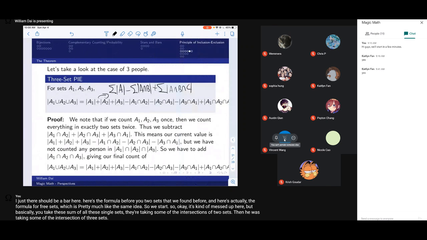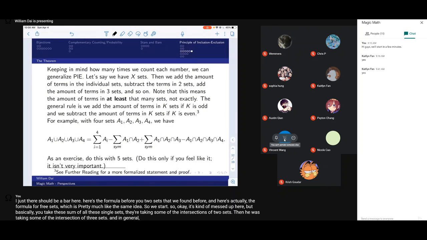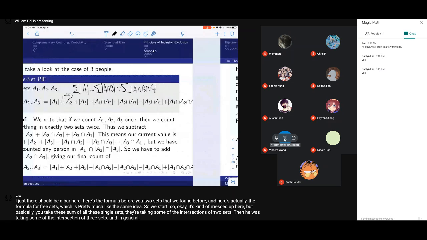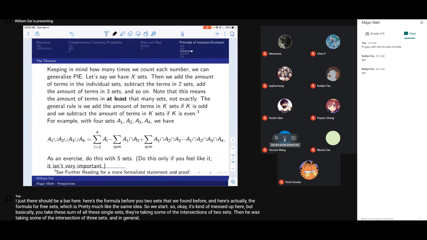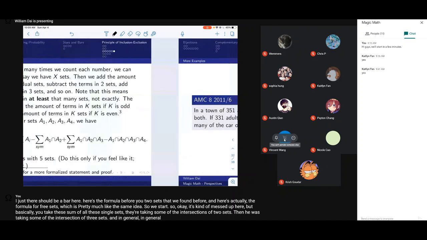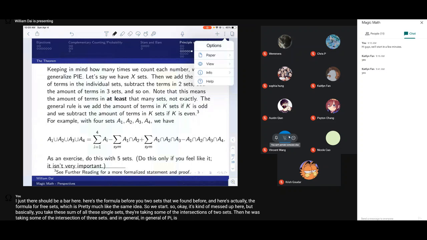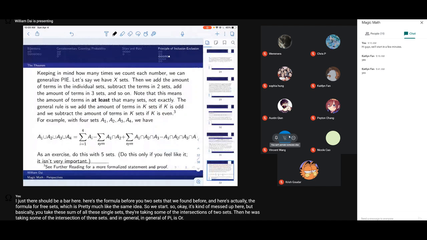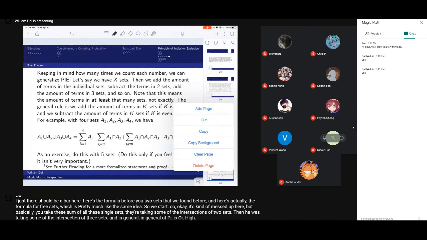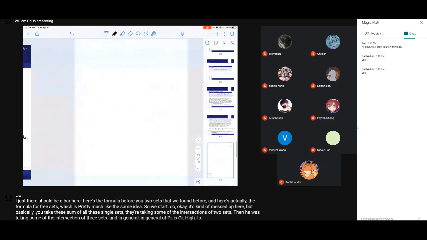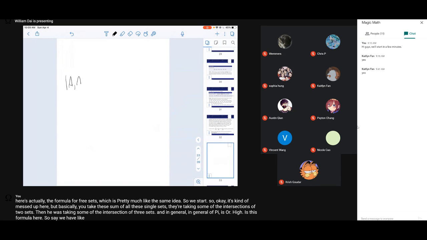And in general, PIE is this formula here. Say we have n sets, and we want to find the union.